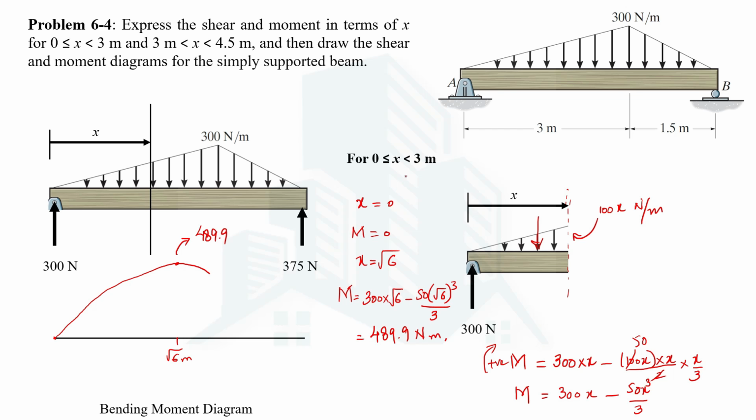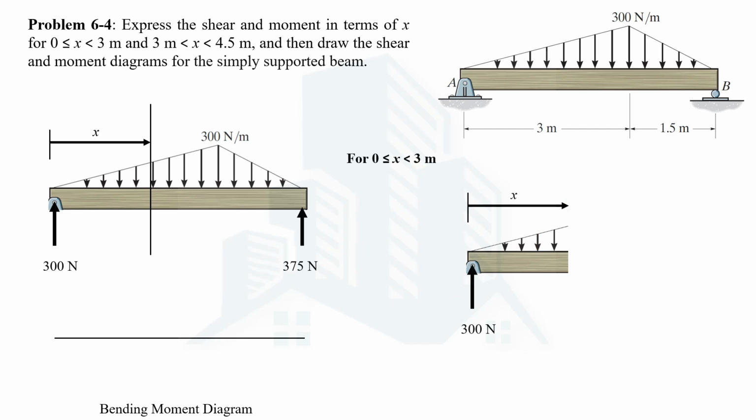And if we want to determine the bending moment at 3, we simply put the value of x in this equation as 3. So at x equal to 3, the moment will be 450 Newton meter. So somewhere over here we have a bending moment of 450 Newton meter, and this point is 3 meter.